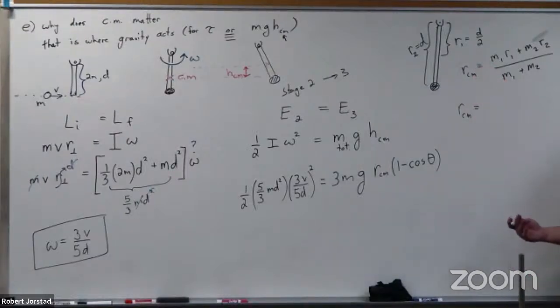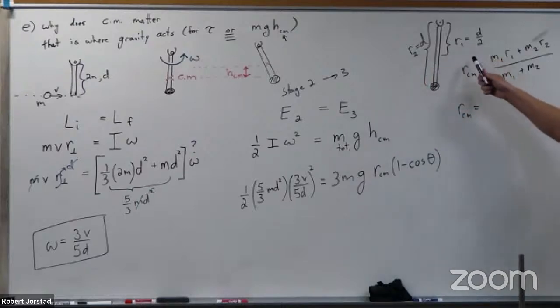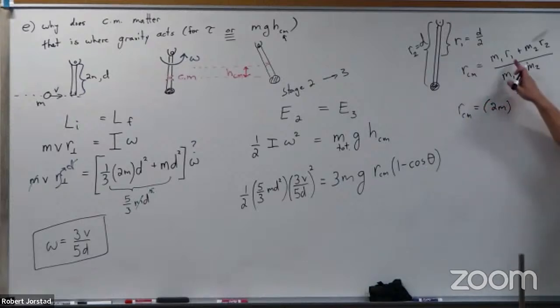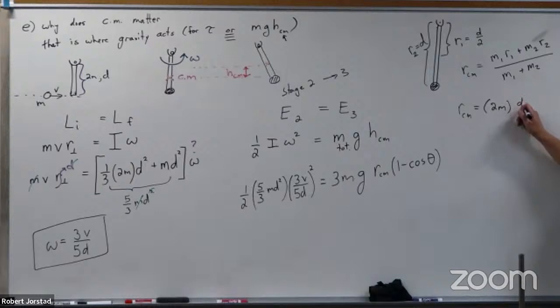Wait, no. Boy, I probably screwed up. I should have called this one radius 1, right? Because that's mass 1. But in this case, radius 1 is for the rod, which has mass 2m. Do you agree? Radius 1 represents the rod's center of mass. Its mass is 2m. Plus this one, mass 2 is the point mass, which has mass m.